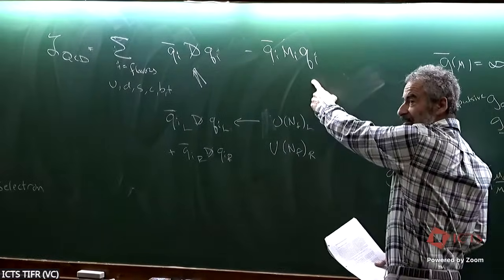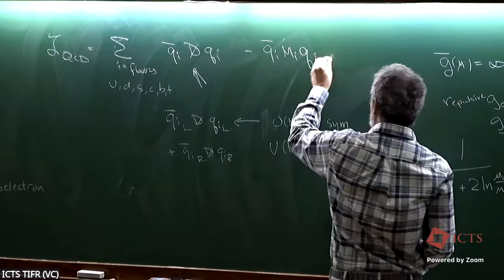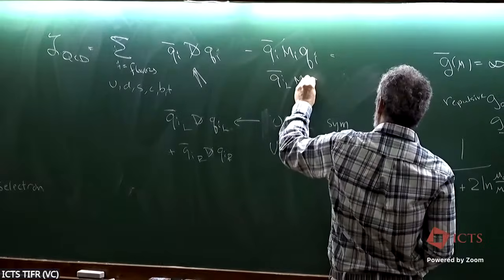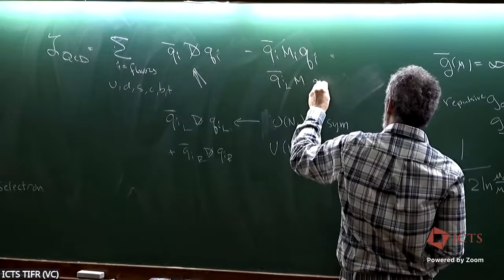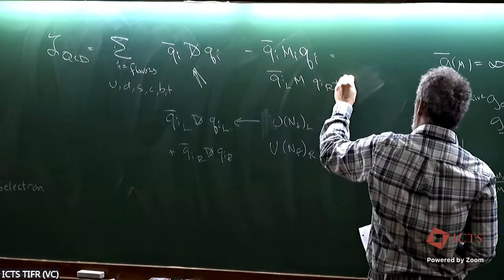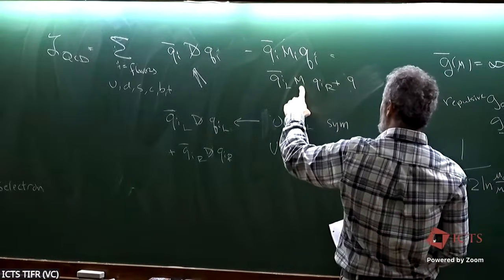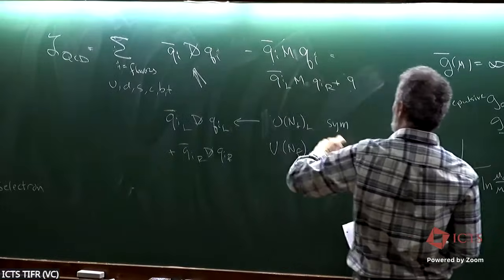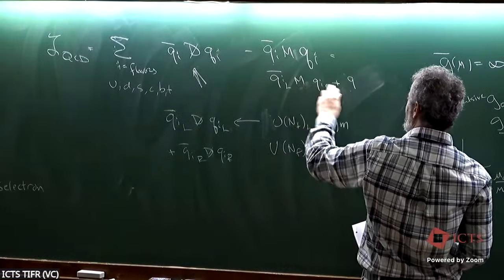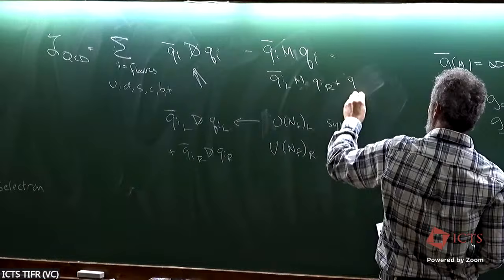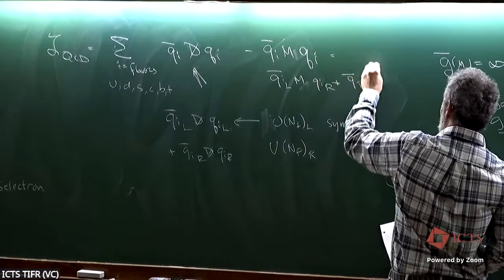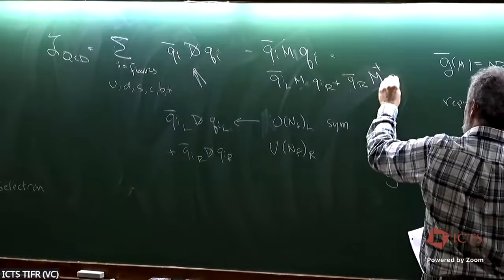This term violates it because this is equal to Q bar i left M Q i right plus Q bar right M Q left. And what I'll do now is I'll pretend that M is a mass matrix, which is diagonal. I'll pretend that it is complex. I mean, I'll allow for it to be complex.